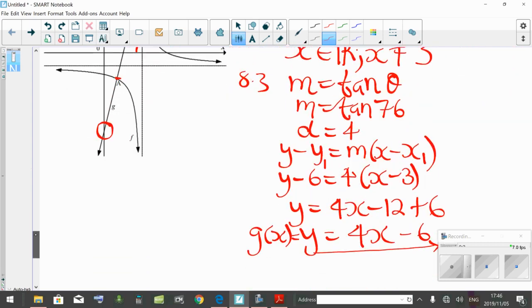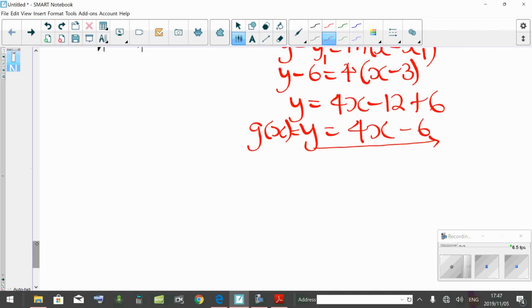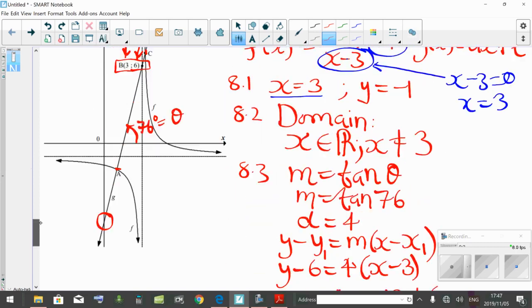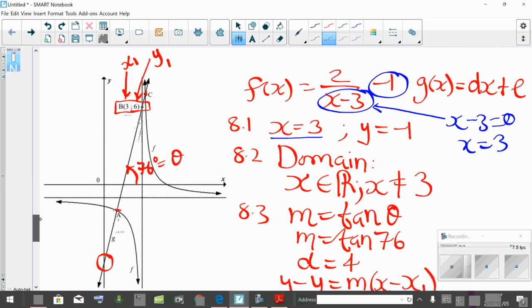And if you remember from part 1 of this video, we said that at the point of intersection, the two functions are equal. So we're going to equate them. We form an algebraic equation and solve for x. We will probably get two values of x. As you can see, there are 2 points of intersection. So we'll get 2 roots from that.